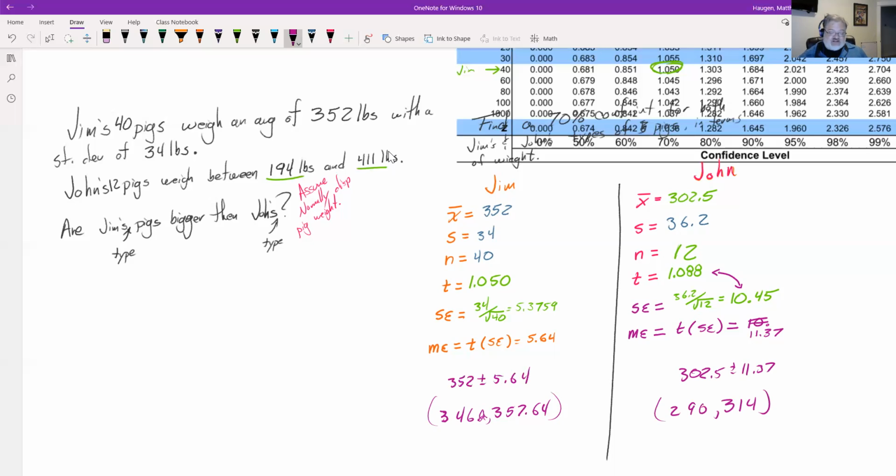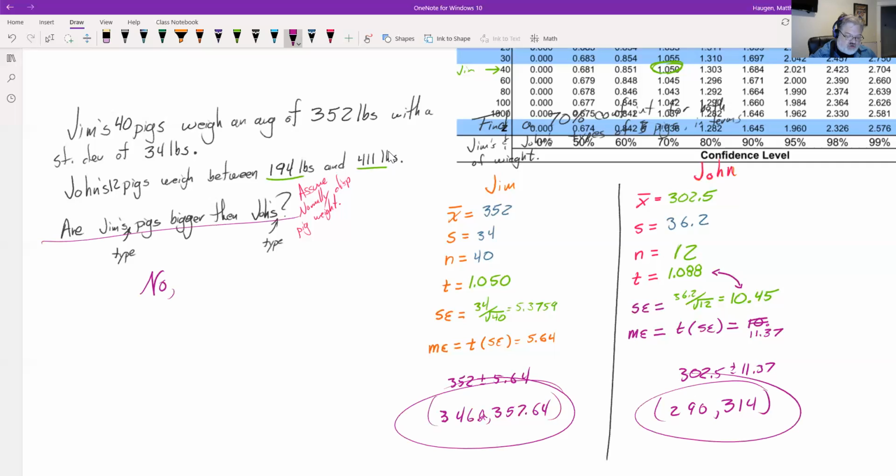So can we definitively say whose pigs are bigger or smaller? Yeah, these intervals do not overlap, right? So are Jim's pigs bigger? No, John's pigs are significantly bigger.